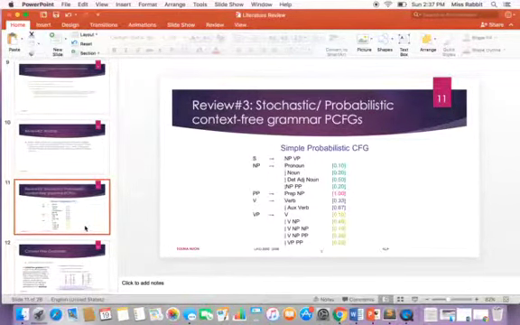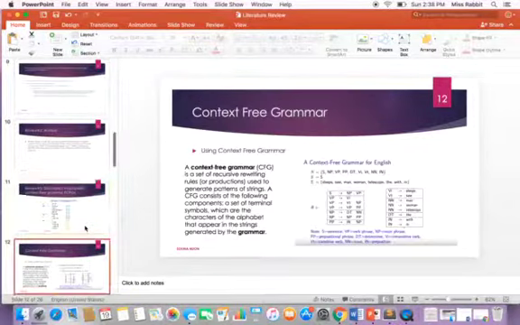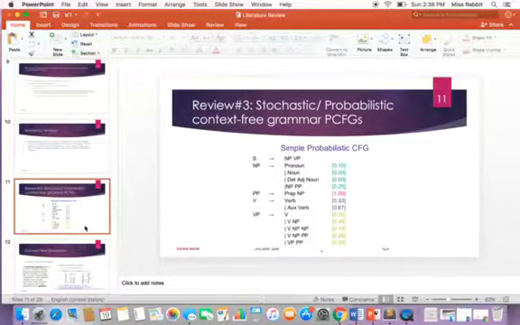So the next review is review number 3, which is about stochastic, or what you can call probabilistic, context-free grammar, shortened as SCFG.